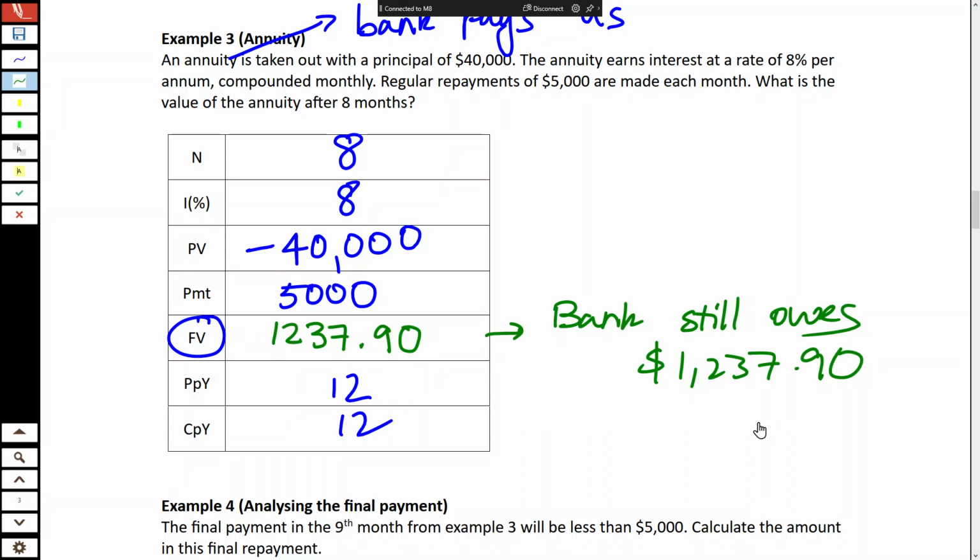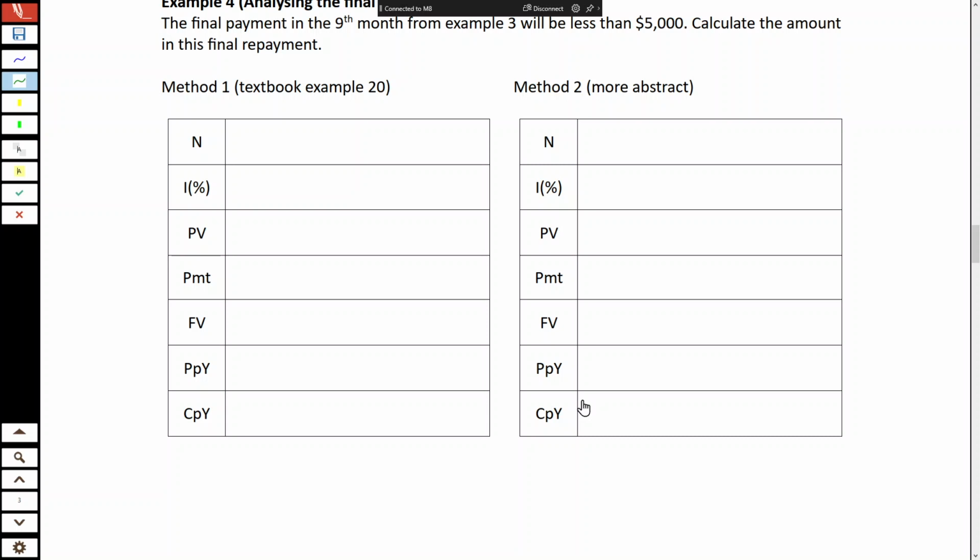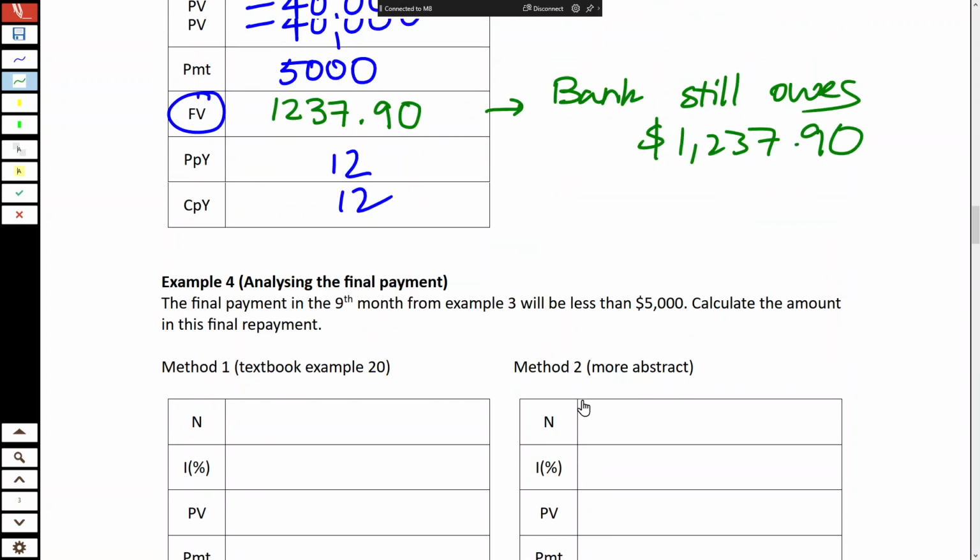Okay, now, I'm actually going to show you 3 different ways to solve this question. I know that might upset some of you. You just want one way to keep life simple. So I'll show you the textbook way, then I'll show you my ways, and you can pick which one you want to use. Okay? So here's how your textbook does it.